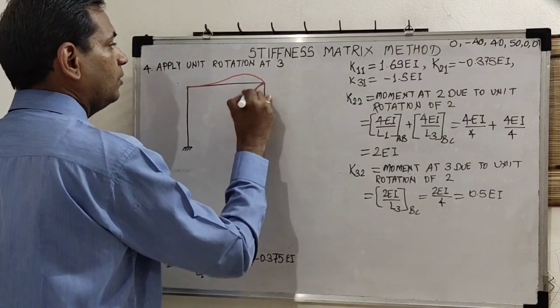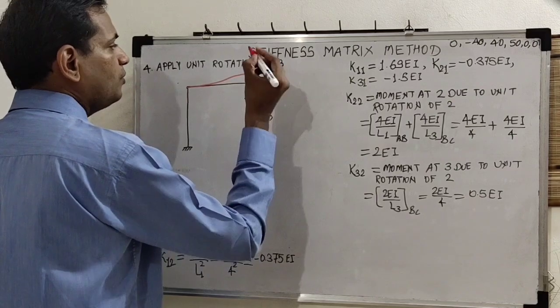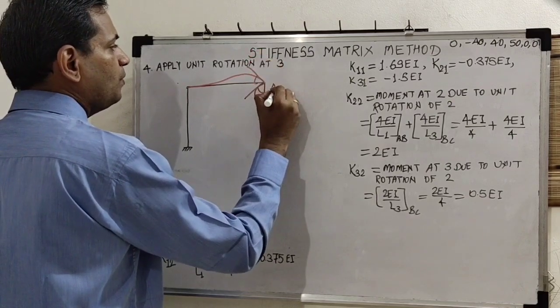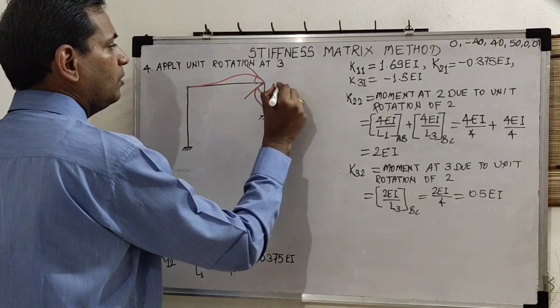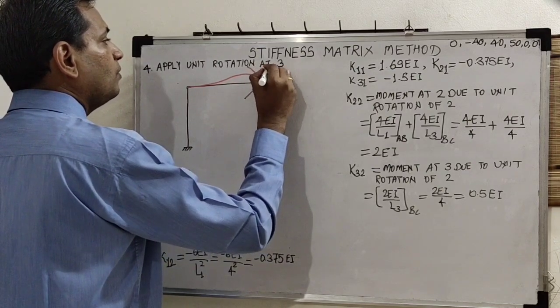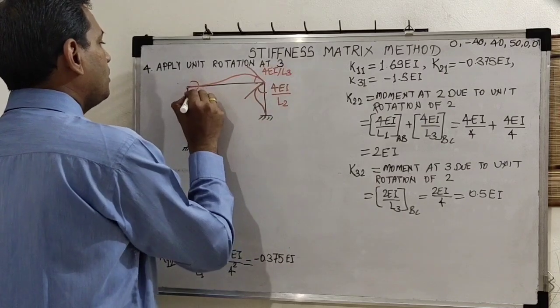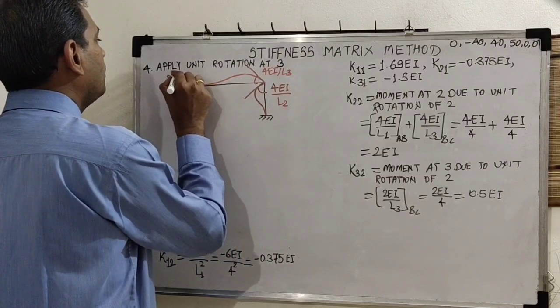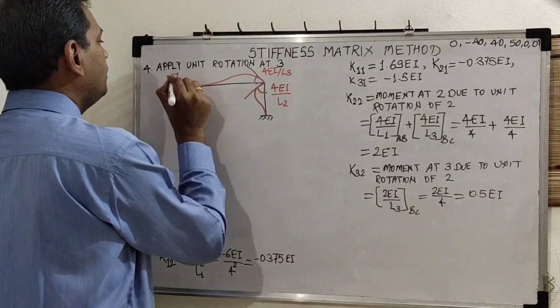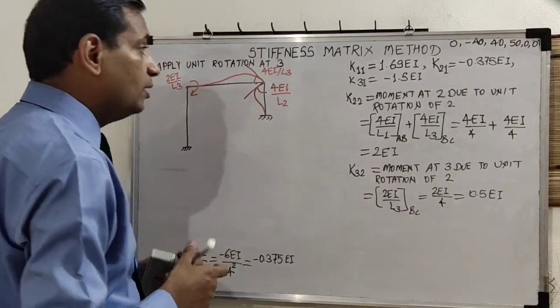Yeah. So this is 1 radian rotation. This is 1 radian rotation. So here is 4 EI upon L2. For this 4 EI upon L3, here 2 EI upon L3.